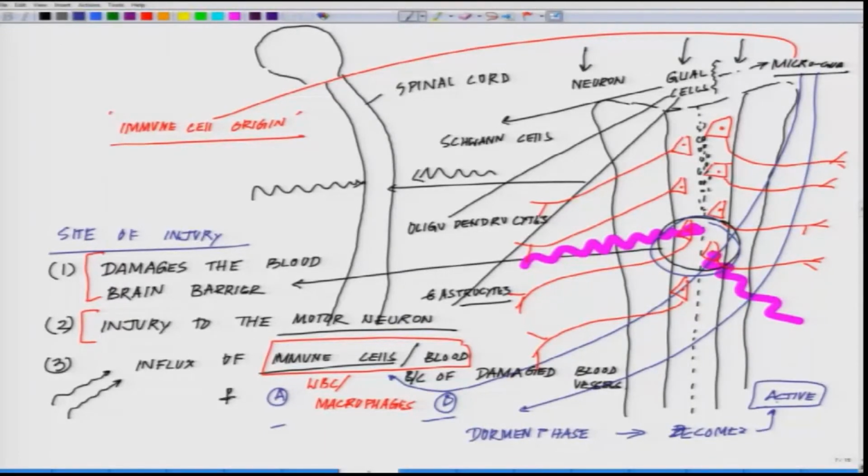Okay. This is how the initial set of reactions at the site of injury happens.